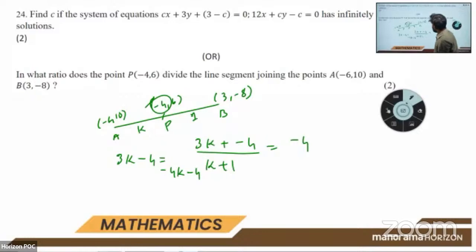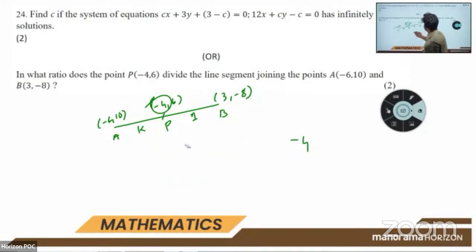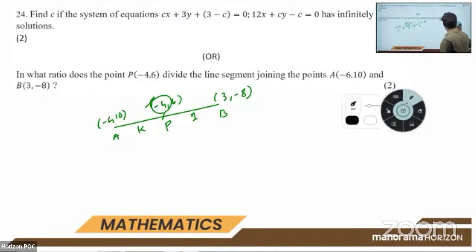Okay, this point was minus 6, right? Yeah. One second. (-6, 10). I just wrote it as minus 4.